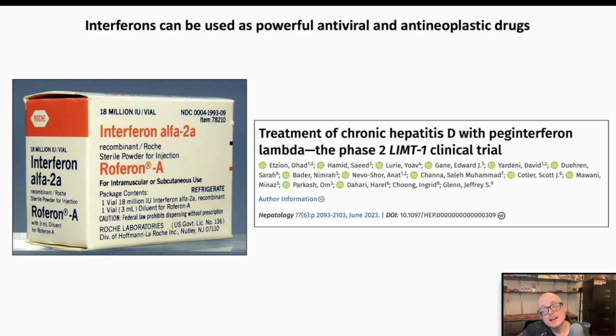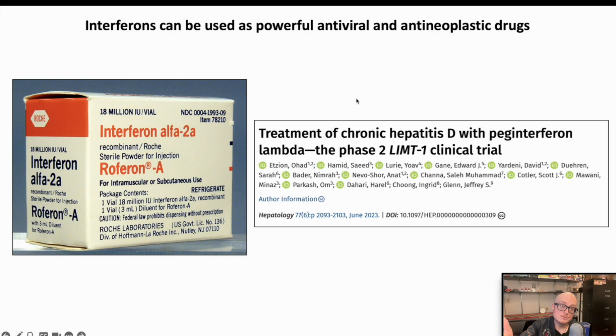However, I mentioned that type 3 interferons overlap with type 1 interferons quite a bit in terms of their molecular signaling. But when type 3 interferons were discovered in the 2000s, there was a lot of excitement because their expression is more restricted. As I said, they're only expressed in barrier tissues compared to the ubiquitous expression of type 1 interferons.